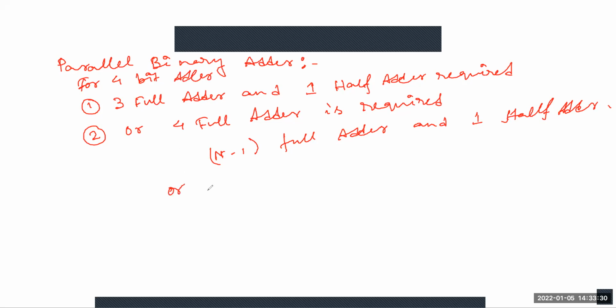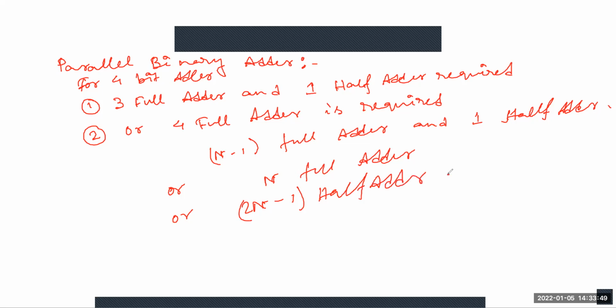Or another option is n full adders, or 2n minus 1 AND gates and n minus 1 OR gates. This is the option, right? From this you can easily construct the parallel binary adder.